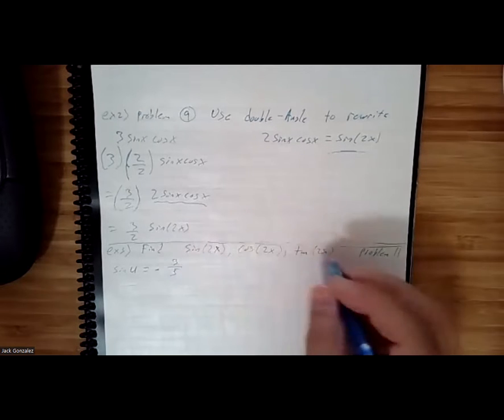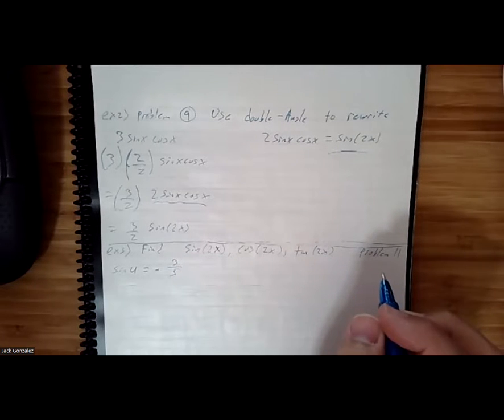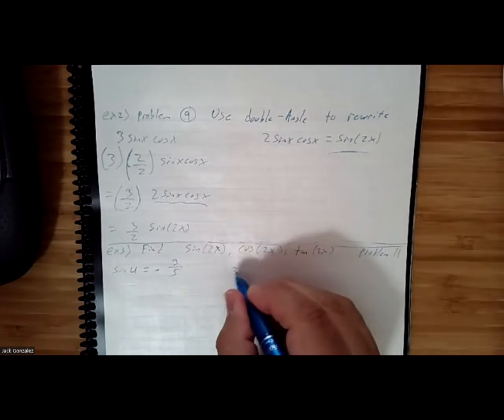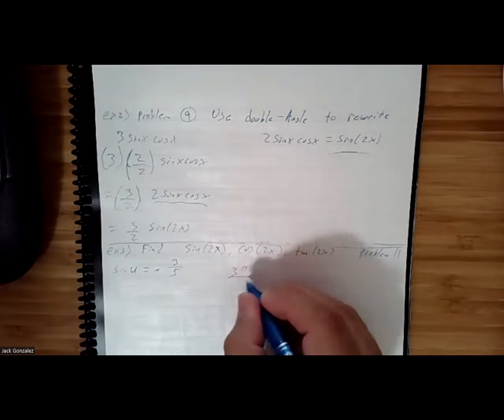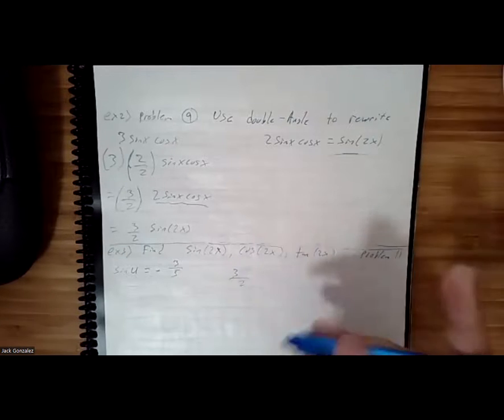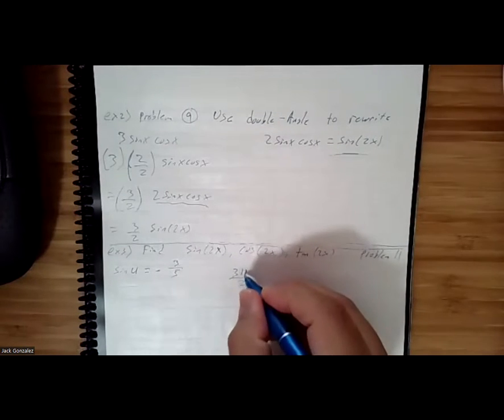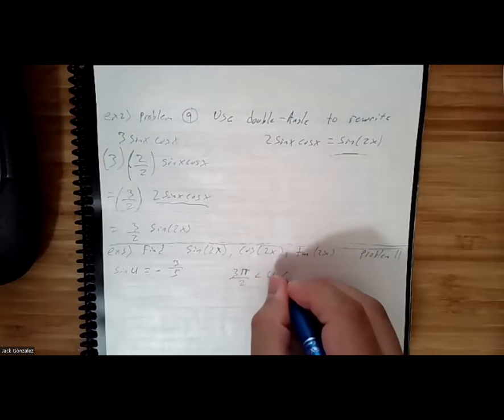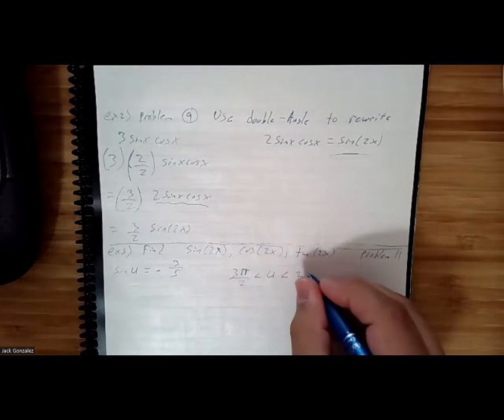So they give us this information here. Negative sine u is equal to negative 3/5. And they tell us it is within 3 pi over 2 to 2 pi.